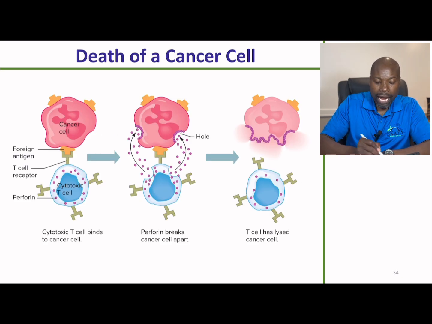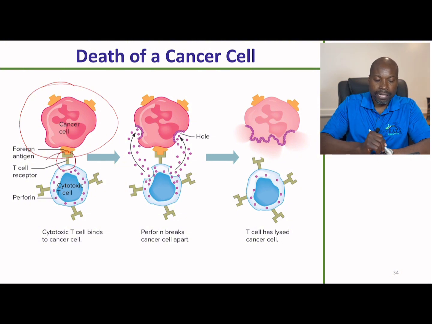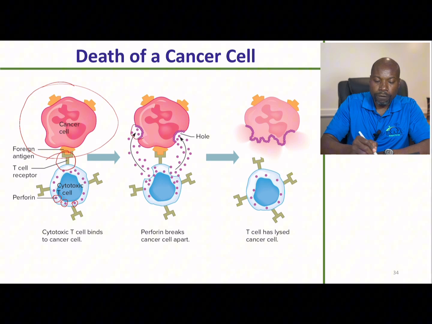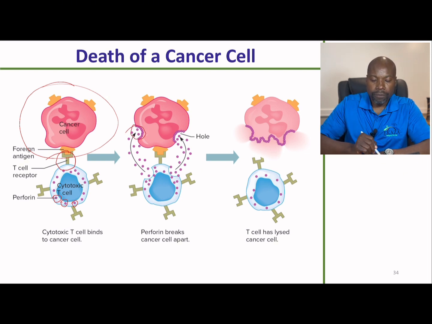So here we have a cancer cell that is recognized with a receptor right here, a T cell receptor. And you see some chemicals right here that are the perforin. The perforins are going to come and form holes in here.